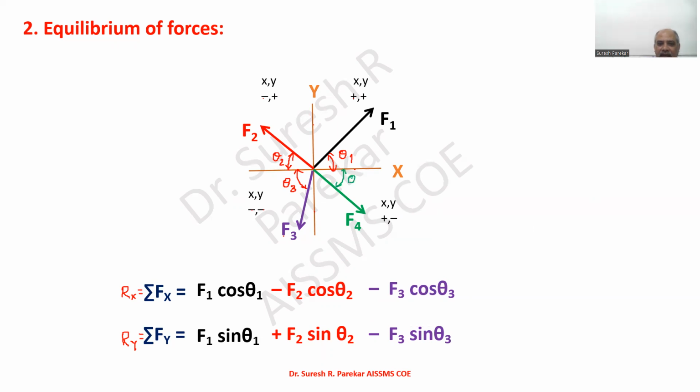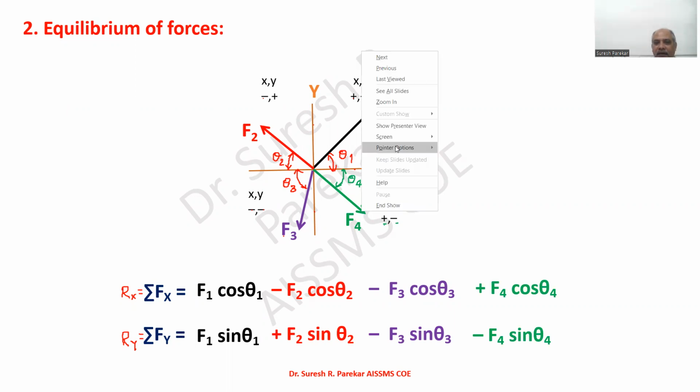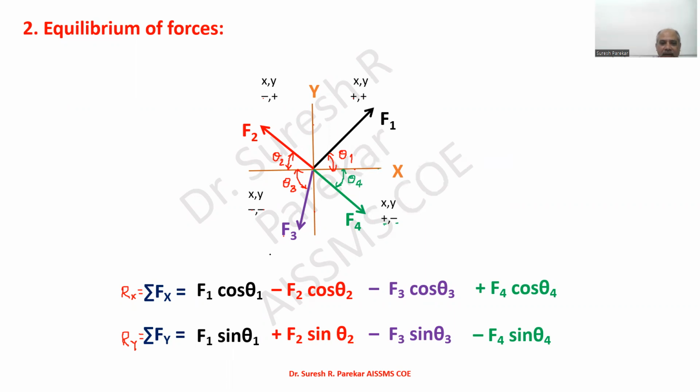So now we have this theta 4, and as it is the fourth coordinate, the x component we have plus, y component minus, the angle is with the x-axis, x component cos, y component sine. So we have plus F4 cos theta 4 minus F4 sine theta 4. And now from this, we are going to get the values of the resultant force.